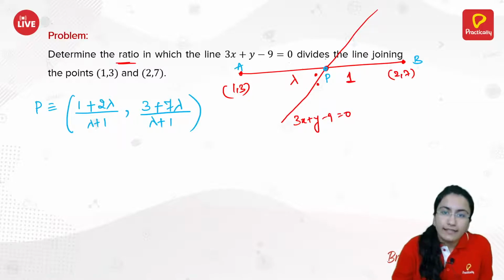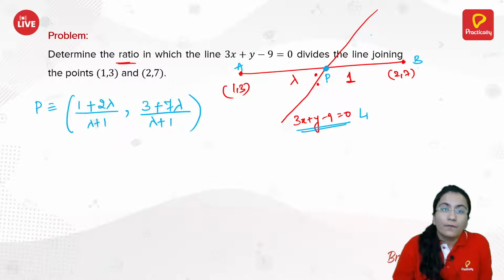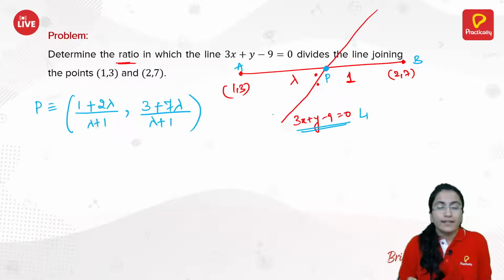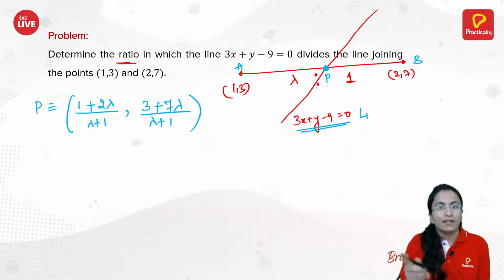Now you can see that wherever this given line, which I am writing as L1, intersects the line segment AB, that point will be the point P, the point of intersection. So if this point lies on this line L1, that means the coordinates of this point P must satisfy the given line equation.